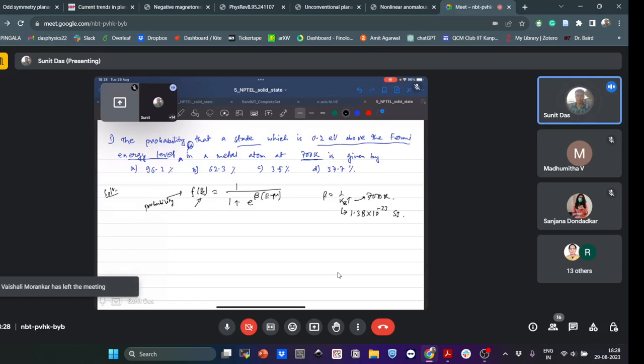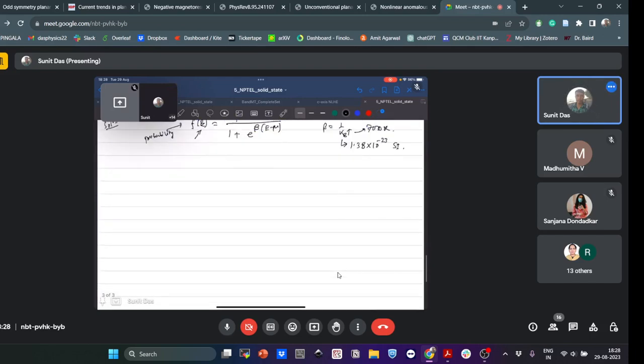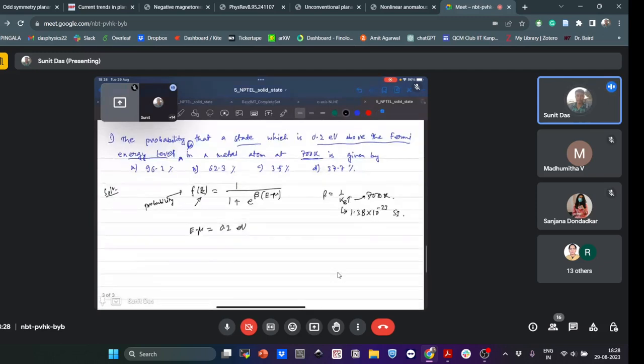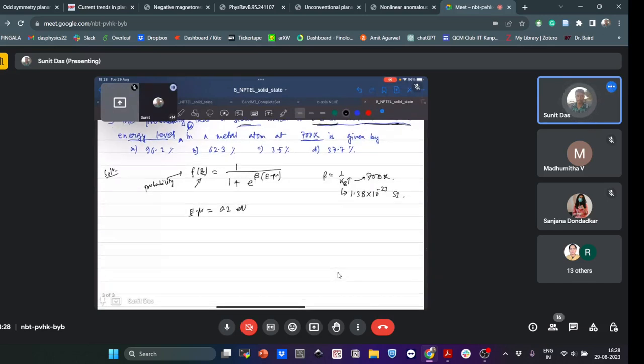Okay, let's solve the problem. We need to find f of E, given E minus mu equal to 0.2 eV, and this is given because the energy level is at 0.2 eV above the Fermi energy, right? That means the energy is greater than mu by 0.2 eV.